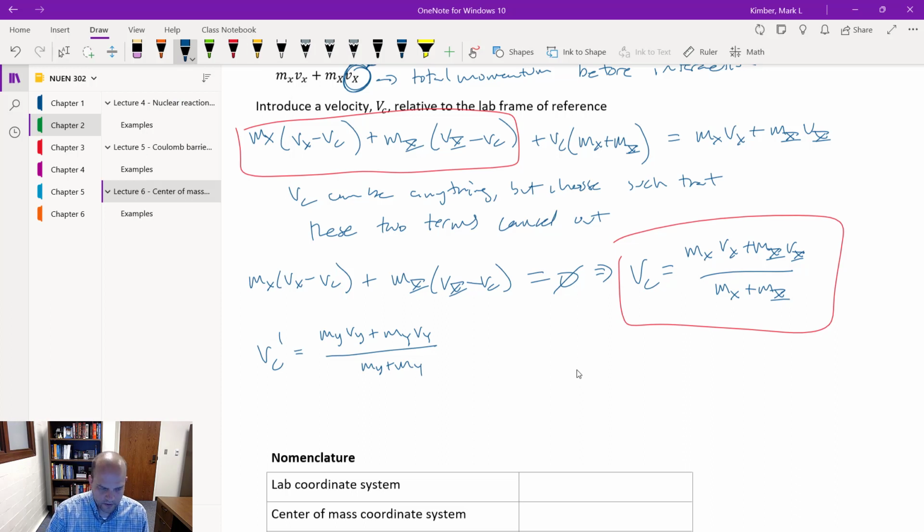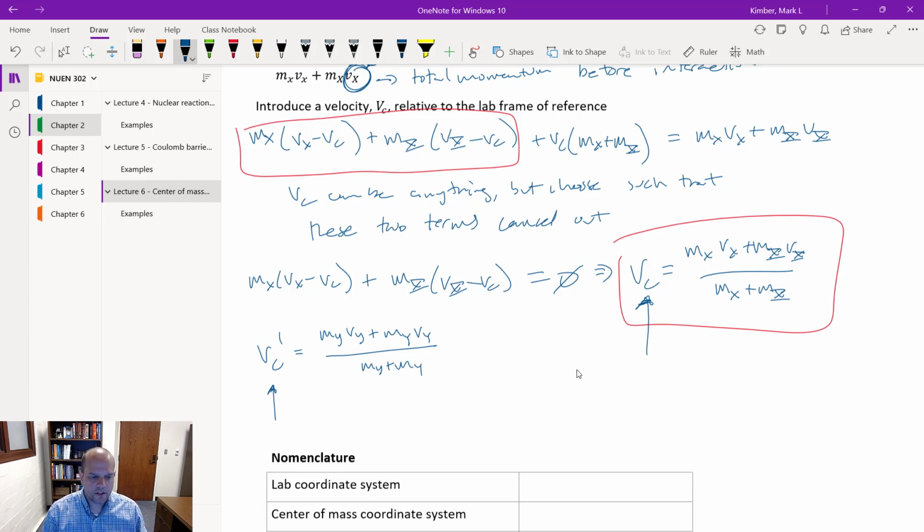Okay, so the numerators of these two expressions, I've got my velocity before the interaction and the velocity after the interaction. So the numerators of these have to be equal.